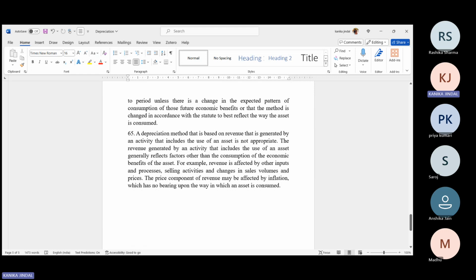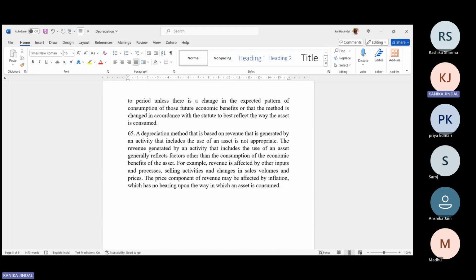So next we have: a depreciation method that is based on revenue generated by an activity that includes the use of an asset is not appropriate. The revenue generated by an activity that includes the use of an asset generally reflects factors other than the consumption of the economic benefits of the asset.